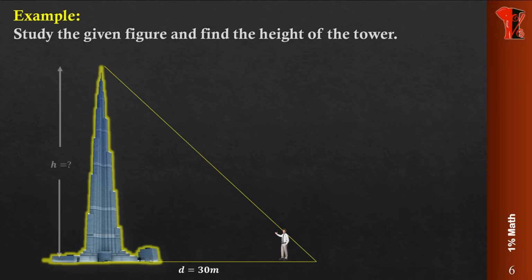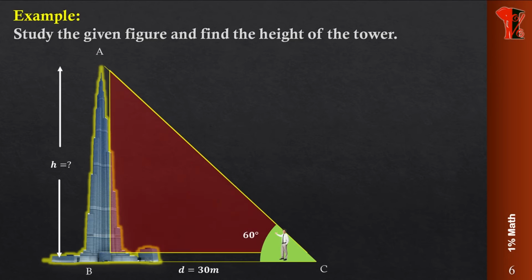So the height we don't know, but we know the distance between the foot of the tower and the man. Imagine he has tilted his eyes at around 60 degrees. Now this forms a right angle triangle. We know that trigonometry is applicable to right angle triangles.